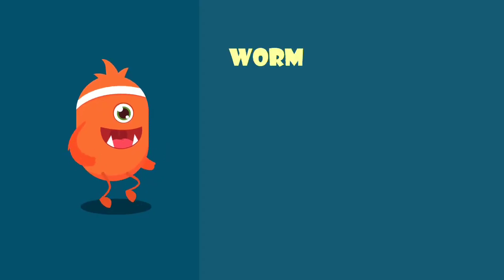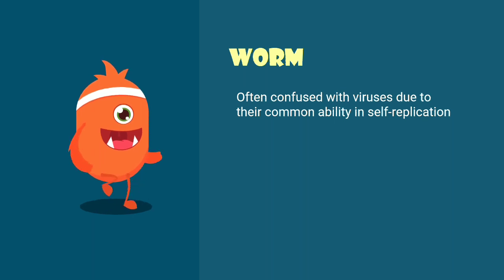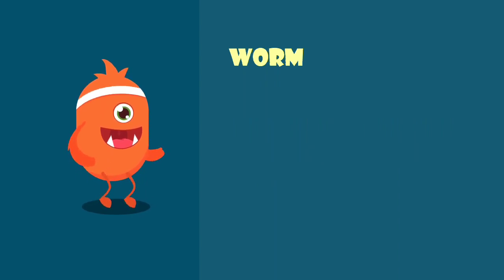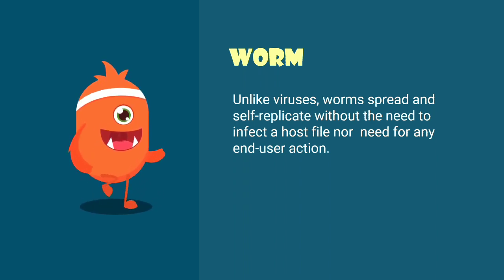Now, another one is the worm. The worm is another type of malware that is often confused with viruses due to their common ability in self-replication. Worms are standalone software because they do not require any host to replicate or multiply itself. Unlike viruses, they spread and self-replicate without the need to infect a host file or an executable file, nor the need for any end-user interaction.